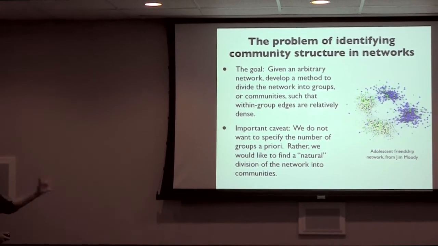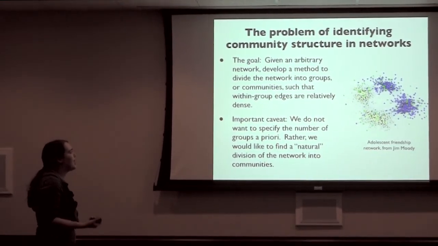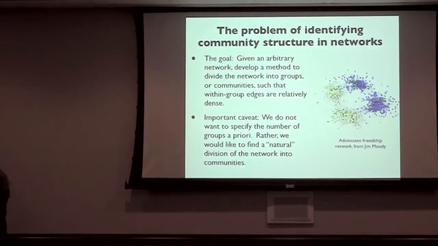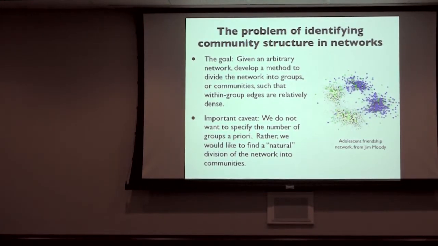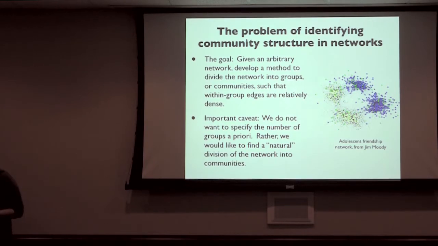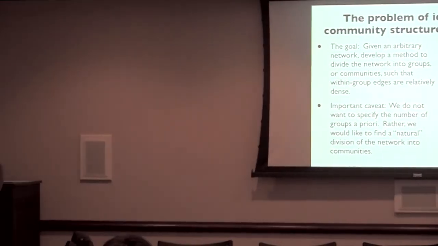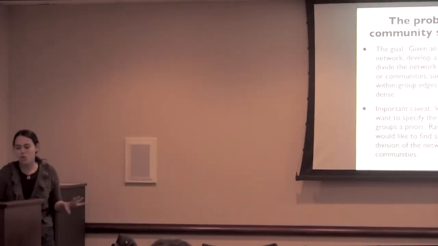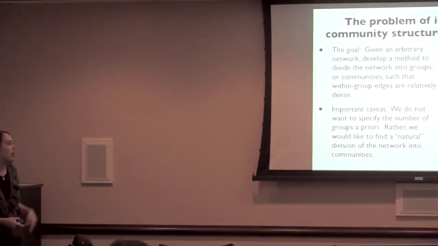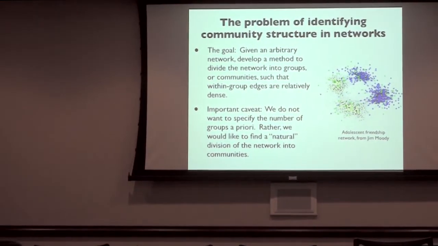So the problem is that, given an arbitrary network, we want a method to divide the network into groups, sometimes called communities, such that within-group edges are relatively dense. One important caveat, which makes this a little different from traditional, old computer science defined problems of this nature, is that we do not want to specify the number of groups a priori. Rather, we would like to find a natural division of the network into communities.